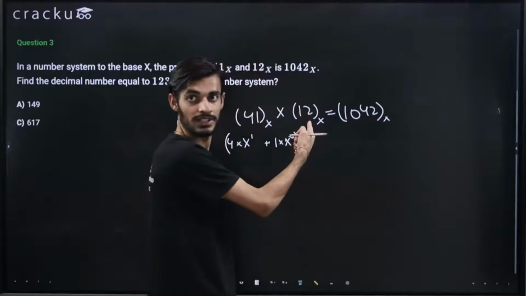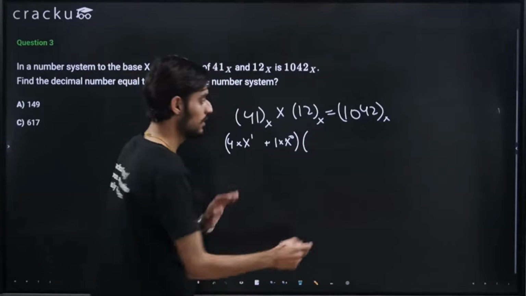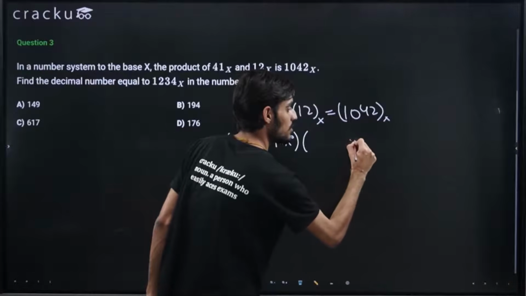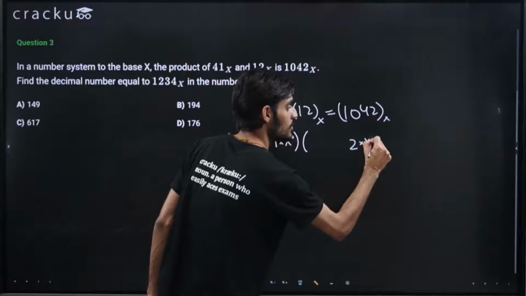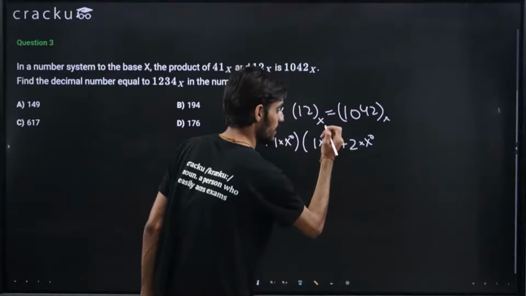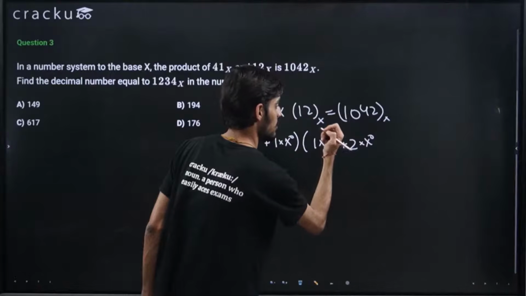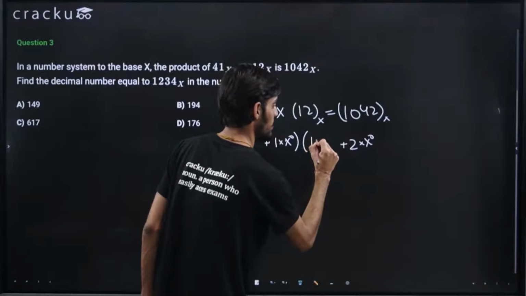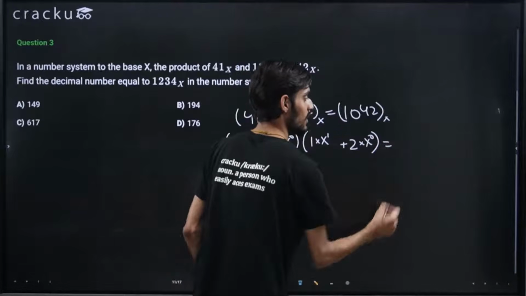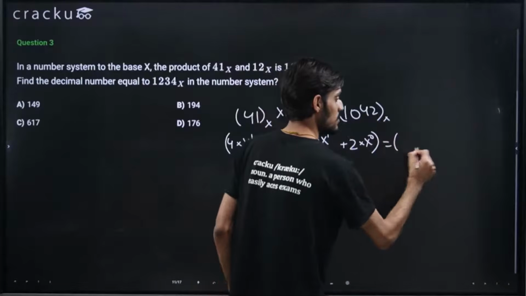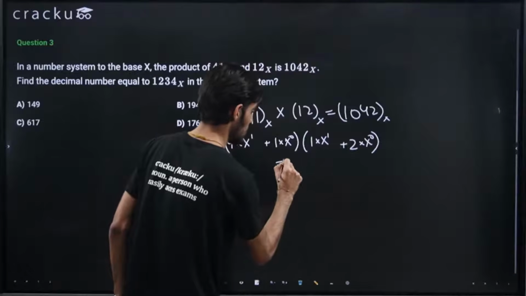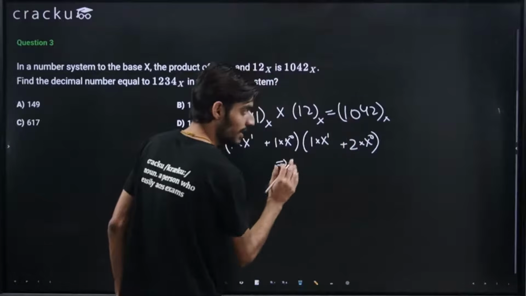Same for the other value also. For the second value, 2 multiplied by x raised to power 0 plus 1 multiplied by x raised to power 1. Same way for the right hand side also. I'm writing the right hand side here.